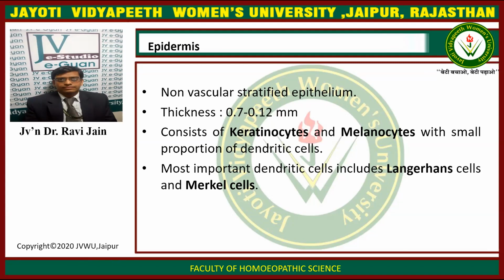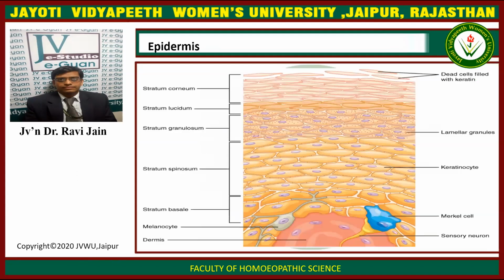The most important dendritic cells include Langerhans cells and Merkel cells.